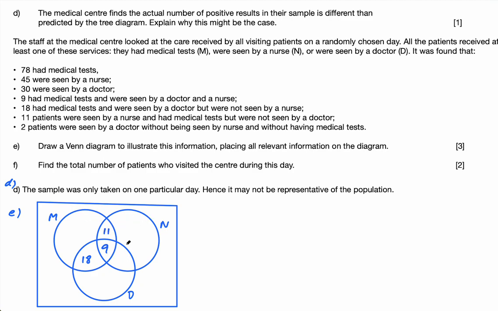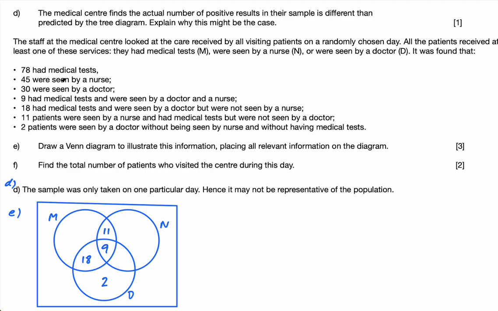M and N, but no doctor. 2 patients were seen by a doctor without being seen by a nurse and without having medical tests. So 2 guys, they were seen by a doctor, but they did not get a test or a nurse. So it's not in either of these, so this 2 is here. So you've got to read each one carefully. Don't just fill it in without looking.